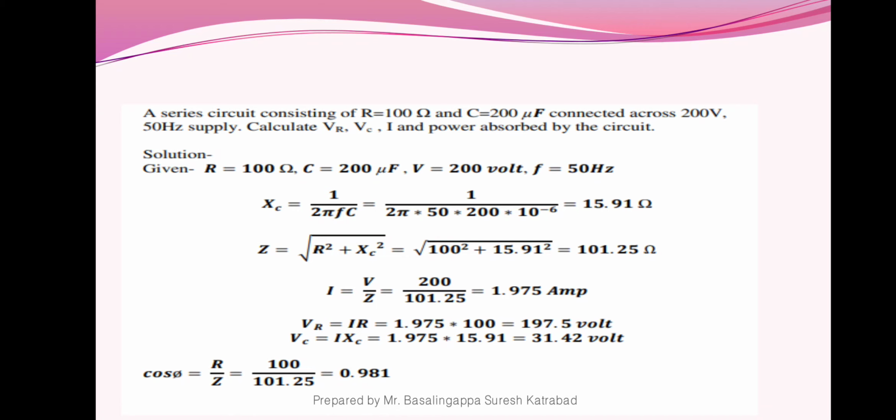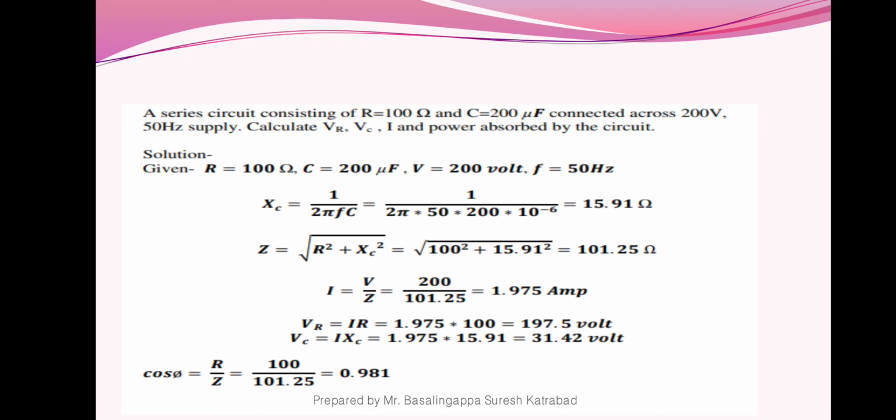So solution is, first we will write given data. Given R equal to 100 ohm, C equal to 200 microfarad. Micro means 10 raised to minus 6. Voltage 200 volt and frequency 50 hertz. First we will calculate XC.